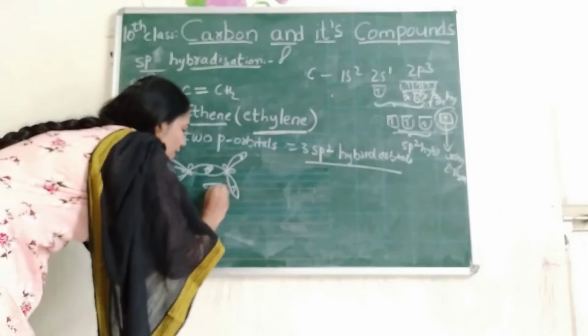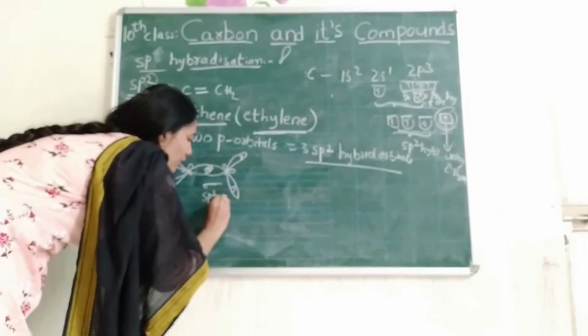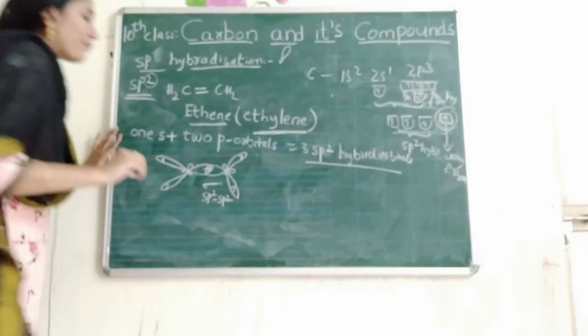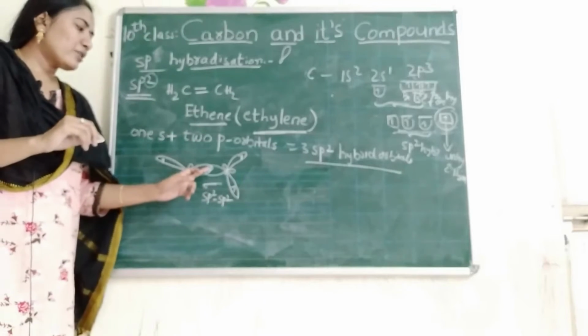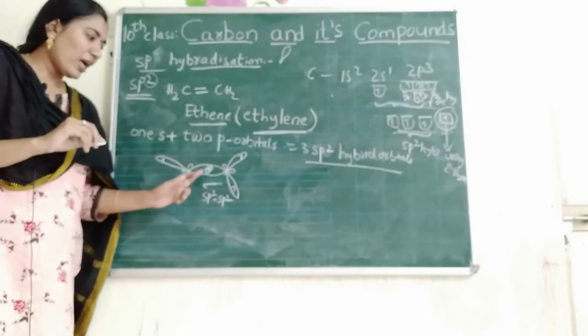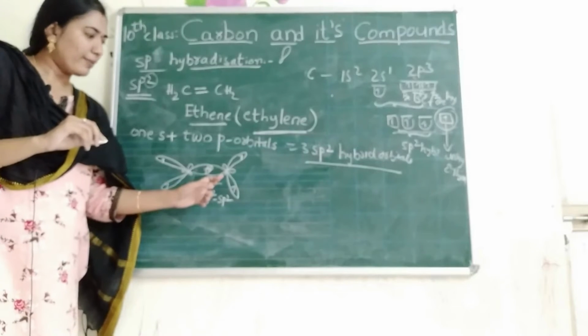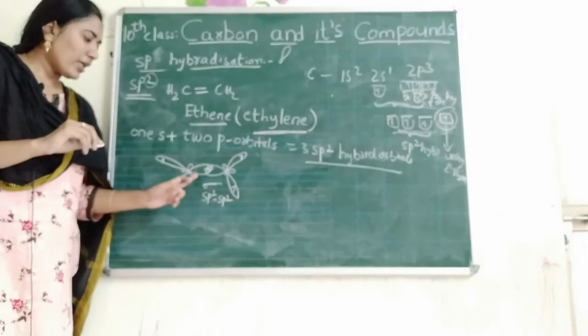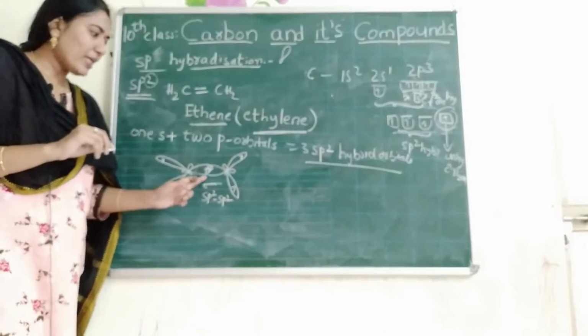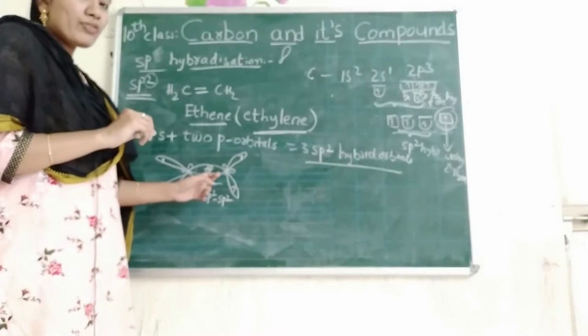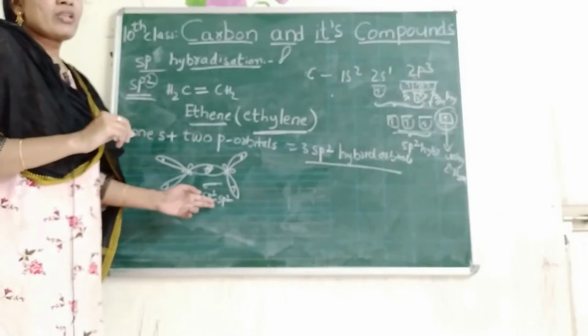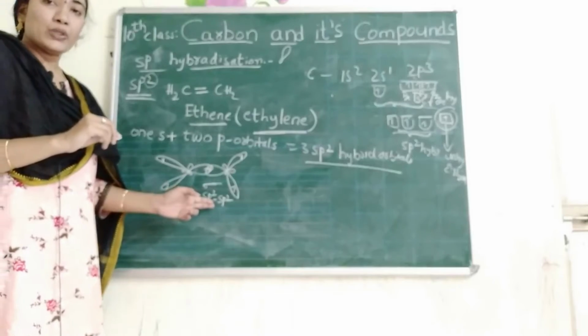So this is called a sigma sp2 bond. The sigma bond is formed between the sp2 hybrid orbital of this carbon and the sp2 hybrid orbital of this carbon.